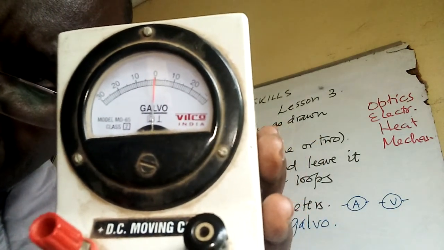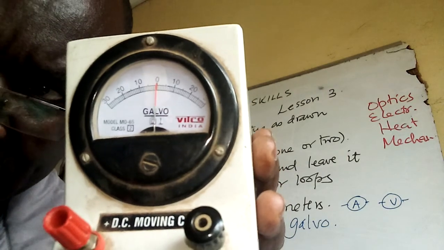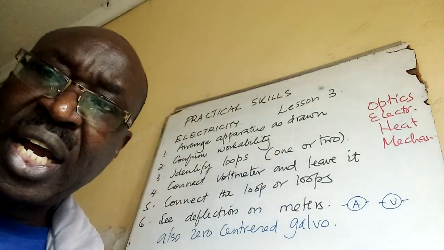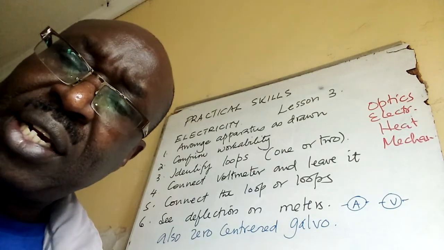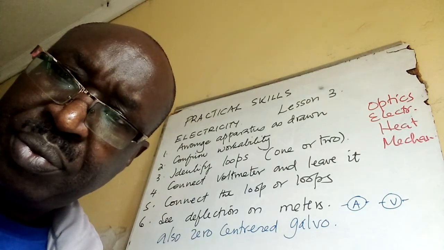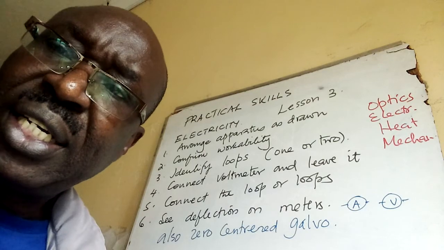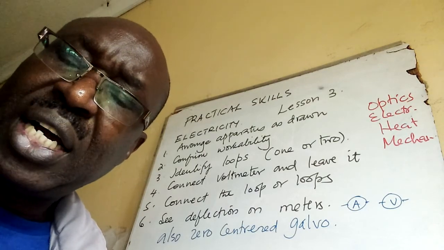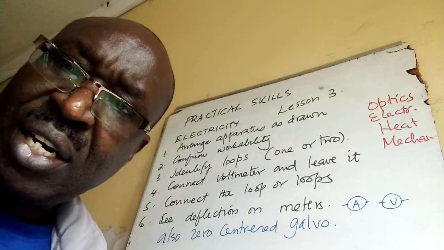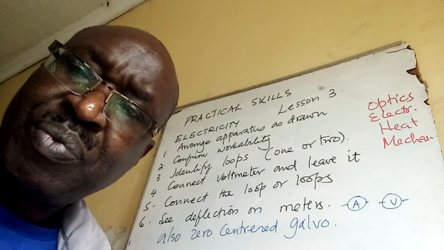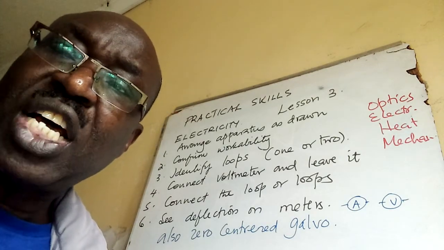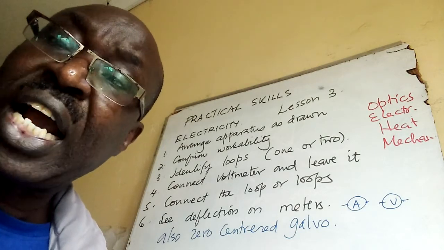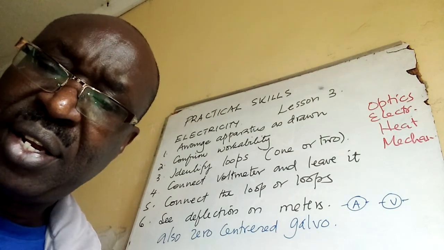Now, you can see I have two sides with similar readings. It's like a number line but without negative. Essentially, a galvanometer can deflect on one side, and after some action, the opposite action, it deflects on the opposite side.